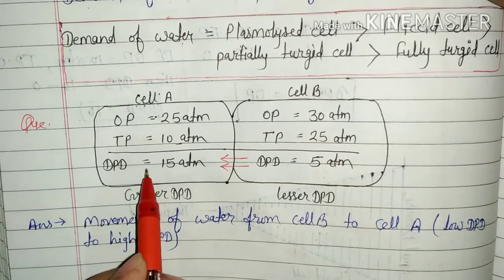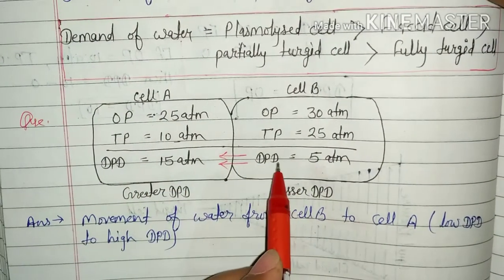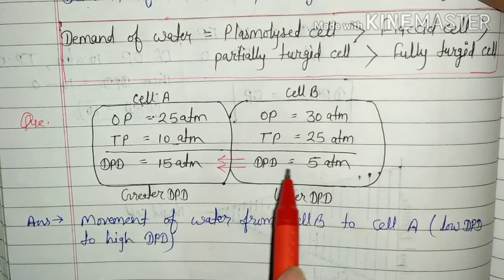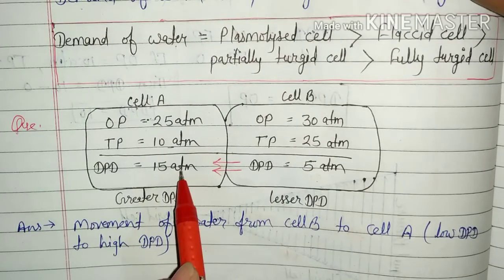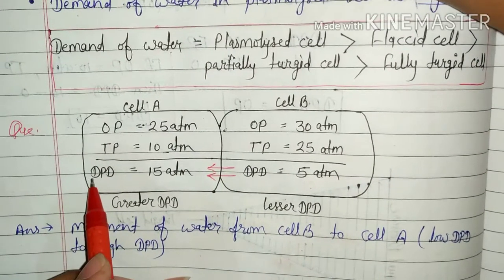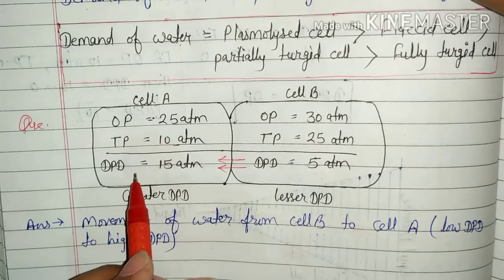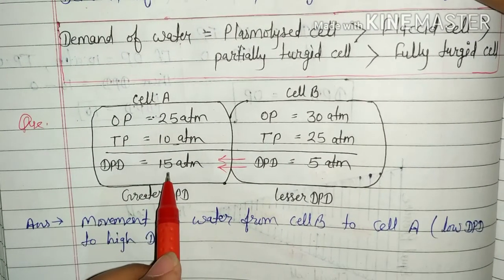Cell A has a high concentration of solute and cell B has a low concentration of solute. So water moves from low concentration to high concentration of solute, because DPD is directly proportional to the concentration of solute in a solution.